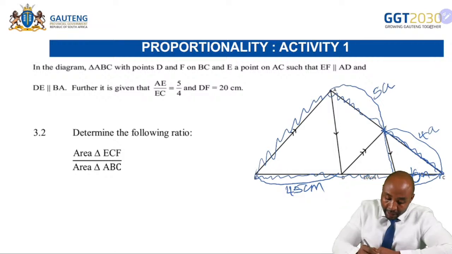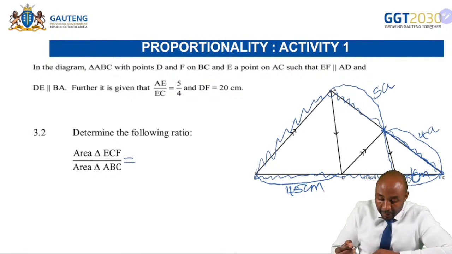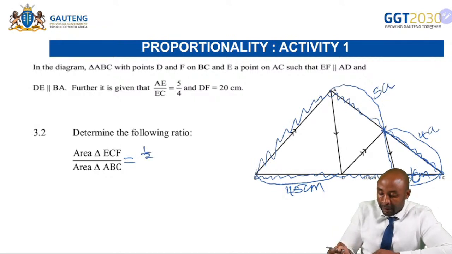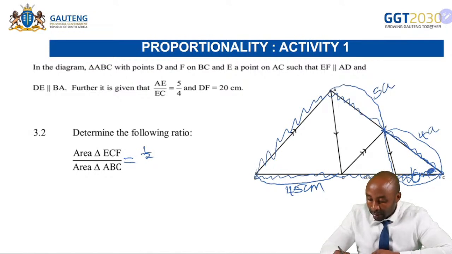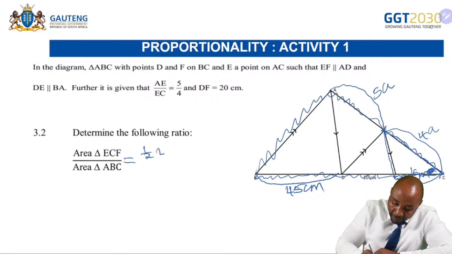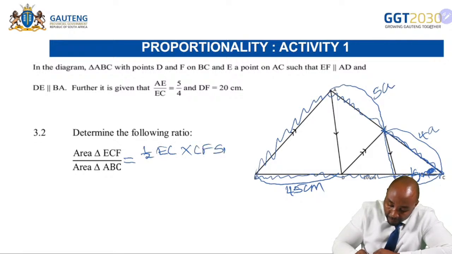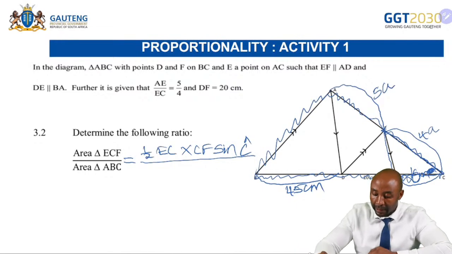In this case, the area of triangle ECF will be given by half. The common vertex in this case is going to be angle C down there. So it will be half of EC times CF sine of angle C over the area of triangle ABC.